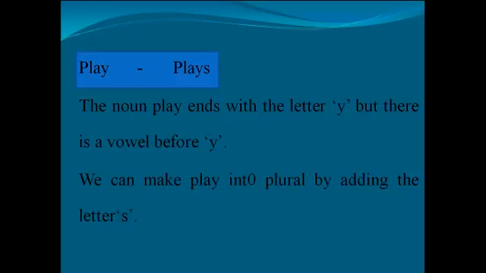Because the word city ends in Y, but you had a consonant before Y. Whereas in the word play, it ends in Y, but you have a vowel before the letter Y. So if you have a vowel before the Y, then you will be just adding S. Instead, if a word ends in Y and before Y you have a consonant, then you will have to drop Y and add IES.